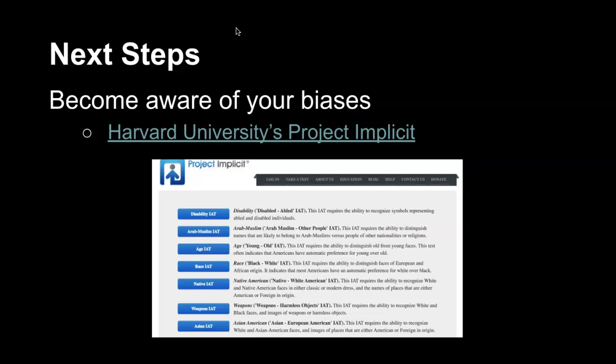Anyone can take these IATs, and after engaging in the brief activity, usually doesn't take more than 10 or 15 minutes, you will see some results. They will let you know about biases that you have, which groups you tend to favor over the others. And so I promise you that if you engage in this exercise as fully and openly as possible, this can be another way to get a hold of your biases such that you can work to lessen them.